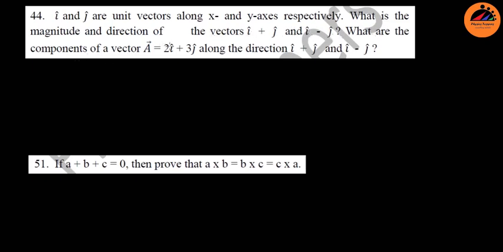What are the components of the vector A along the directions i plus j and i minus j? So let's find the magnitude and direction of i plus j and i minus j first. This problem we'll do later.